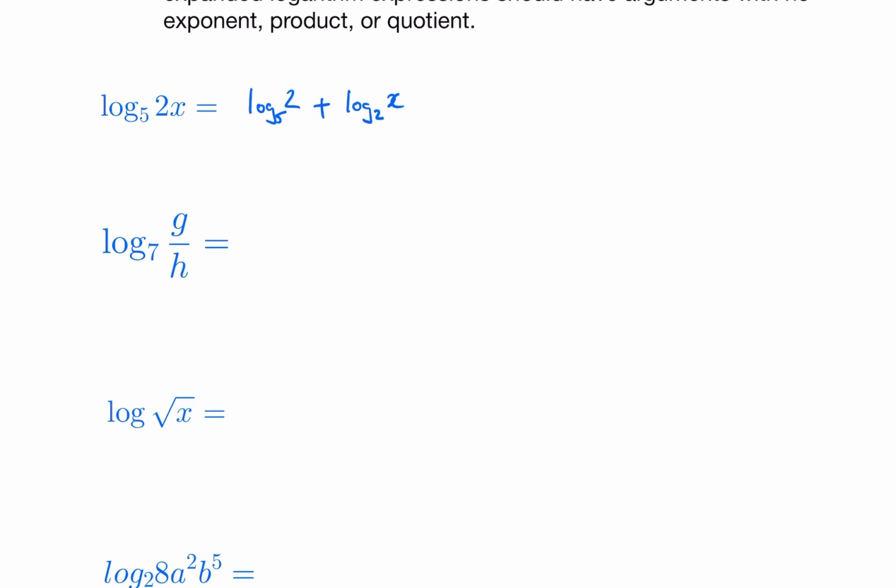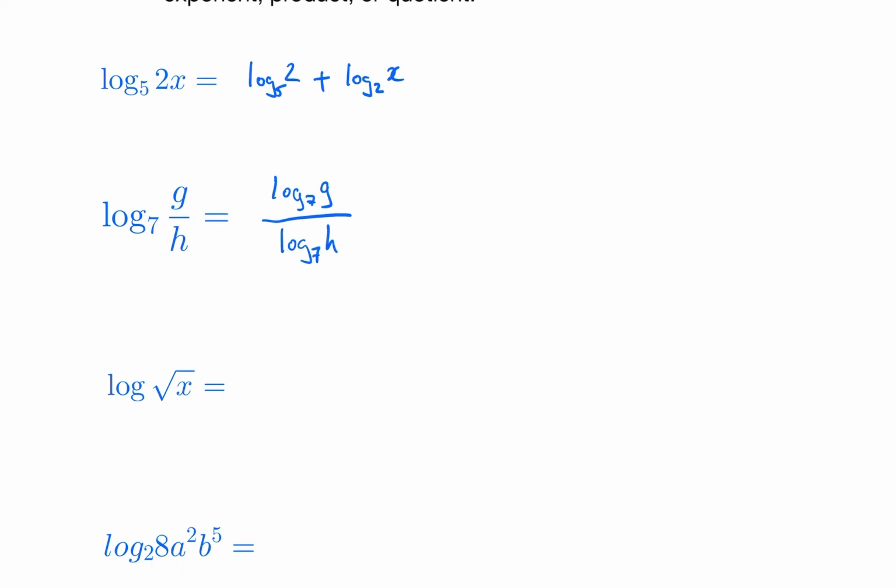Now let's go to the next example. Log of g over h base 7. That is going to equal log of g base 7 divided by log of h base 7. Okay, I'm sorry, I did that wrong.